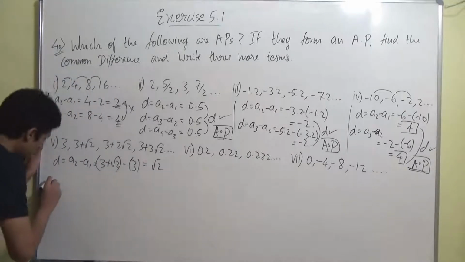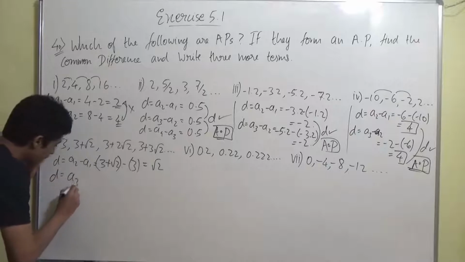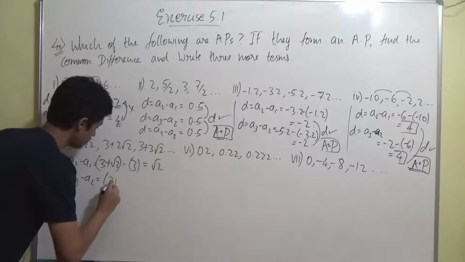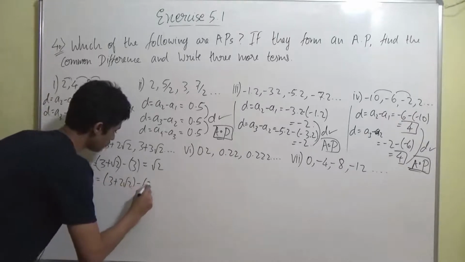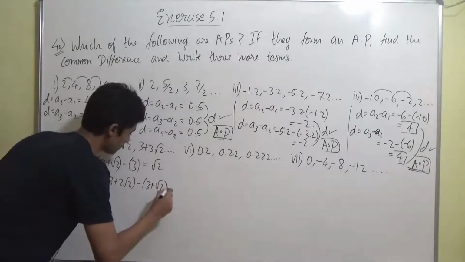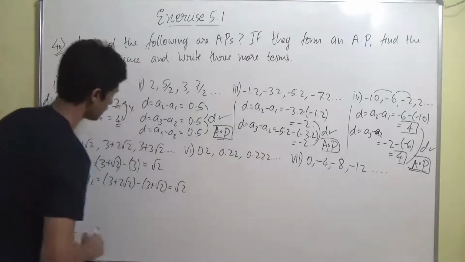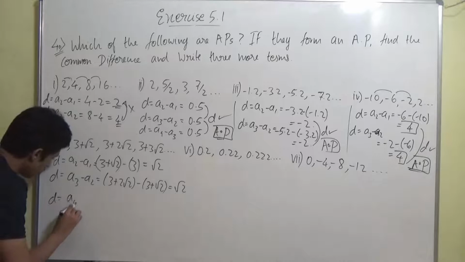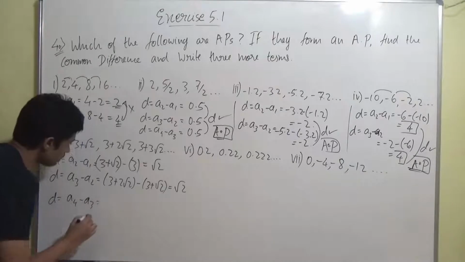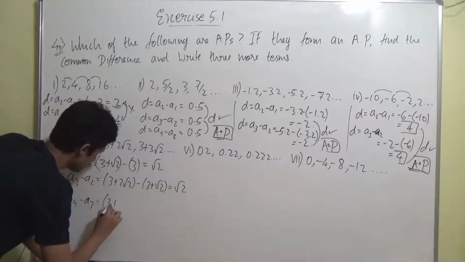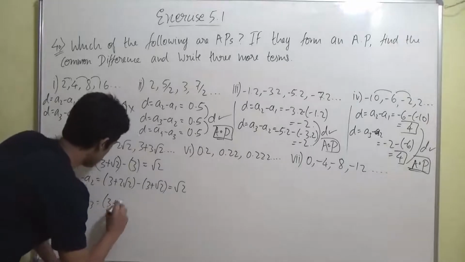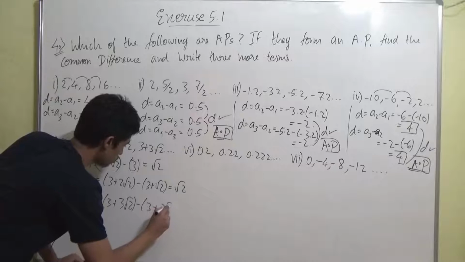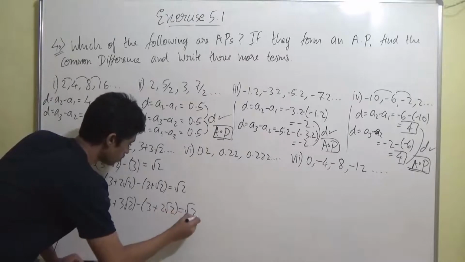Now let's find D here, a3 minus a2, which is 3 plus 2 root 2 minus 3 plus root 2, equal to root 2 again. Now a4 minus a3 is 3 plus 3 root 2 minus 3 plus 2 root 2, equal to root 2.